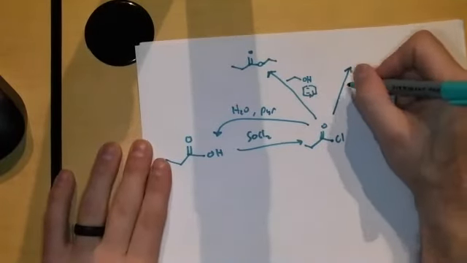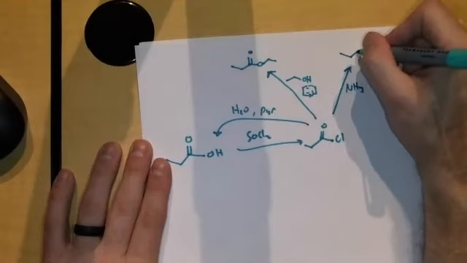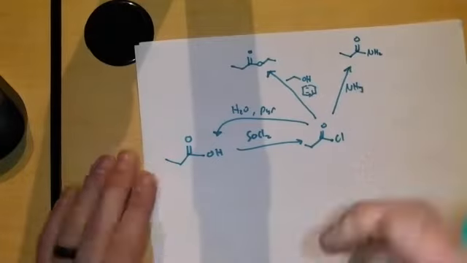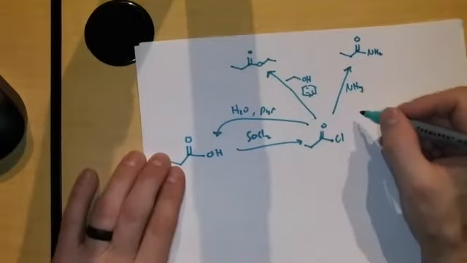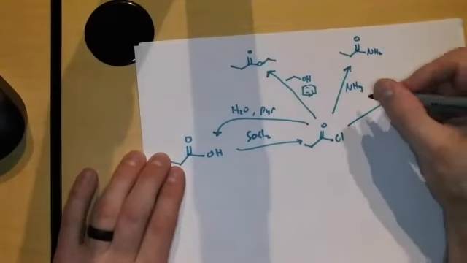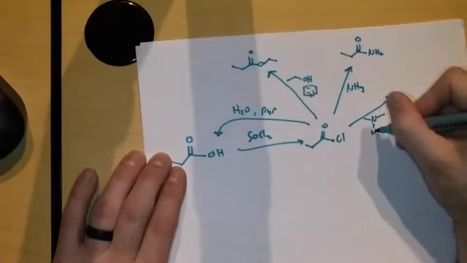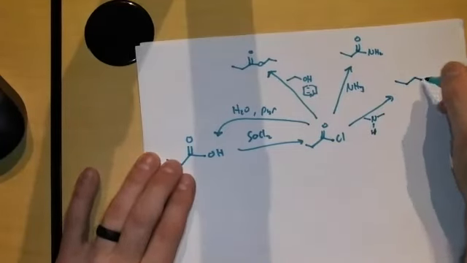Throwing in an amine, let's just make an amide. Can also do this with the di-substituted version of an amine. We can make a di-substituted amide.